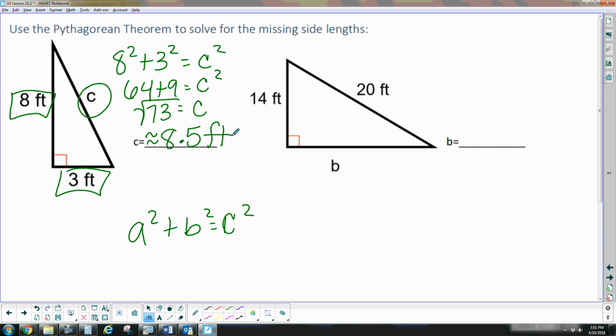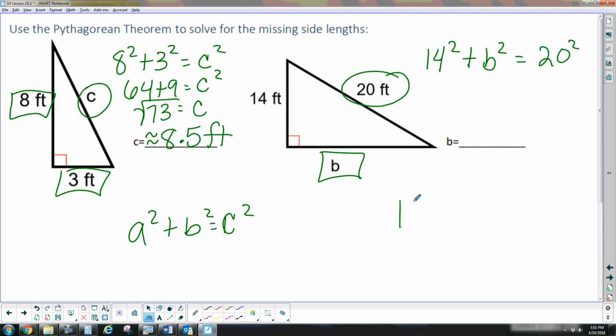All right, in the second example, here we don't have one of the legs. This is missing, but we do have our hypotenuse. So we can still use the Pythagorean theorem. One leg squared plus the other leg squared equals the hypotenuse squared. So 196 plus b squared equals 400.